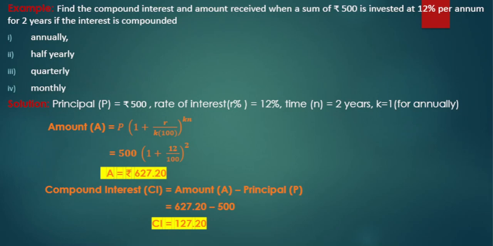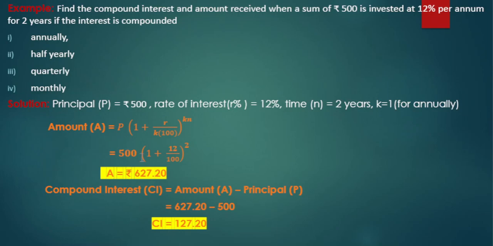Here in the question, principal P is rupees 500, rate of interest is 12%, and number of years N is 2 years. Since we first calculate it annually, on a yearly basis, we keep K equal to 1 in the given formula.